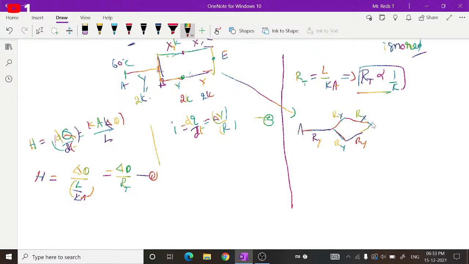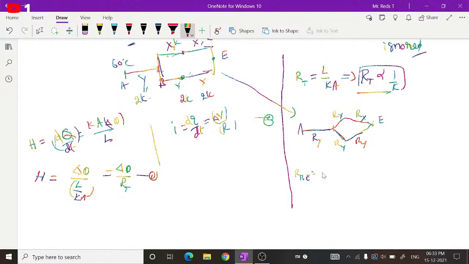So this is E, this is E. These two are in series, so between B and E the effective resistance, because they are in series, you can write as Rx plus Rx, so 2Rx, but it is inversely proportional to K.